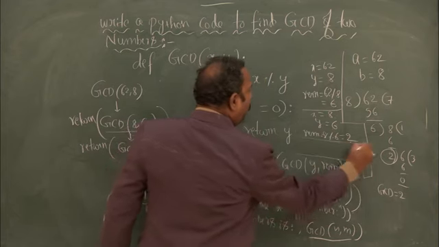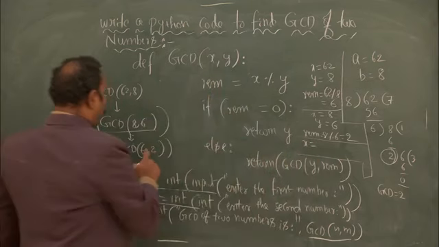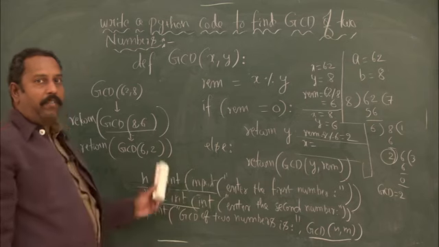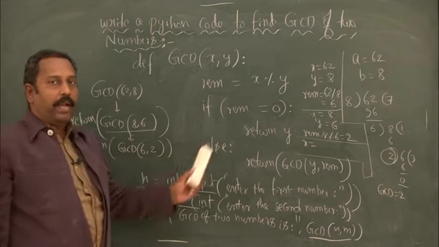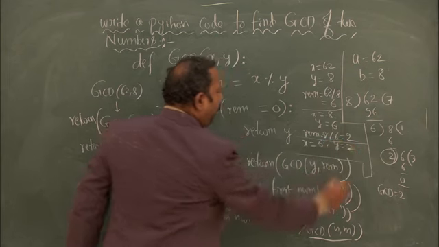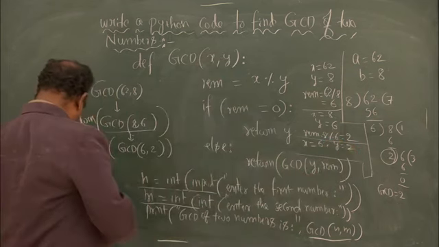Again, 6 will be assigned to x, 2 will be assigned to y. So x gets value 6 and y gets value 2. Again the code will be executed here.